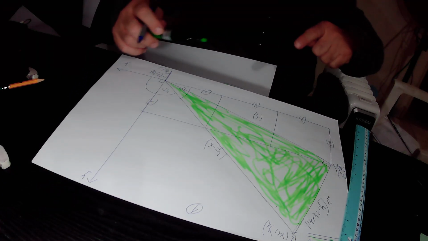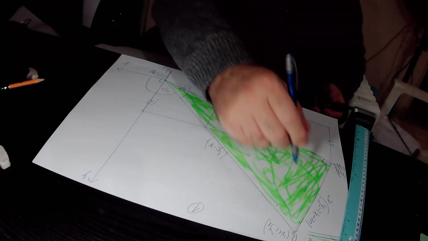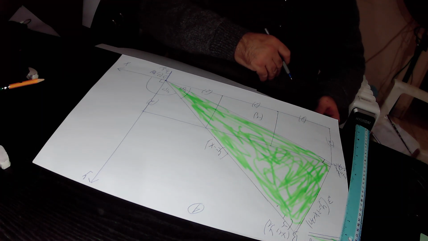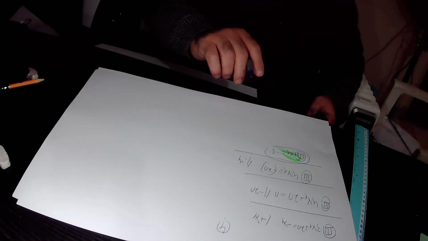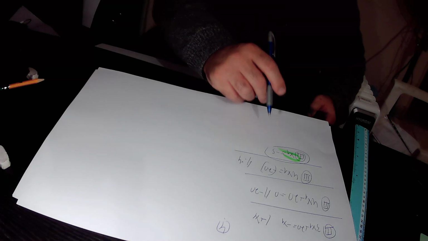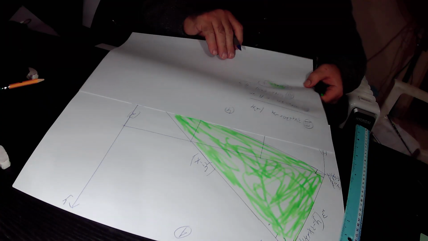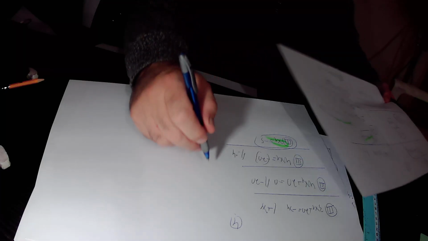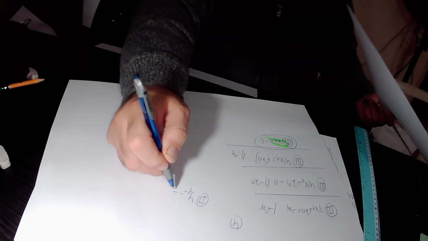So we found out that the coordinate x of the point B equals minus 5. What about the coordinate y of point B? It is y1. And according to equation 2, y1 equals minus x1, and x1 is minus 5.